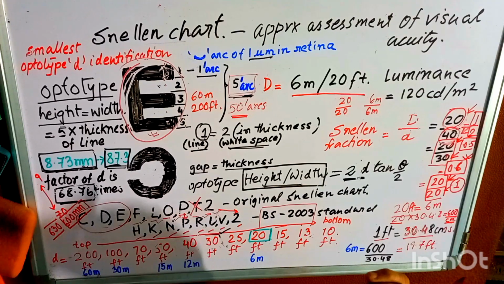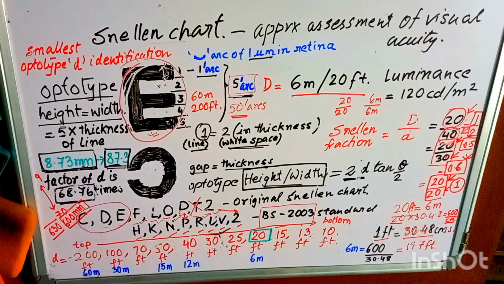I am sitting at 20, so it is 20 by 30, because I am not able to read an optotype which a normal eye can read at 30 feet, even at 20 feet. Even at 20 feet, I cannot read a 30 feet optotype. So the visual acuity is 20 by 30.